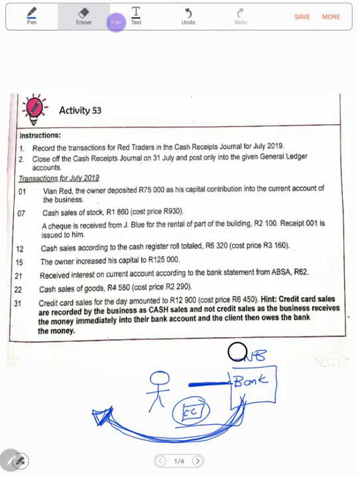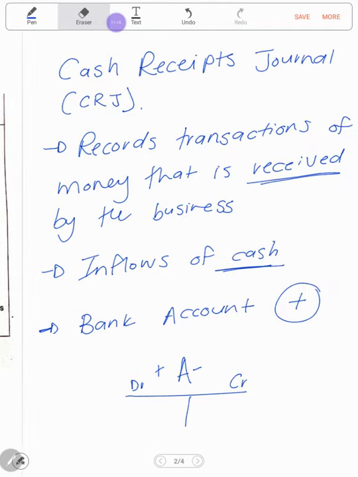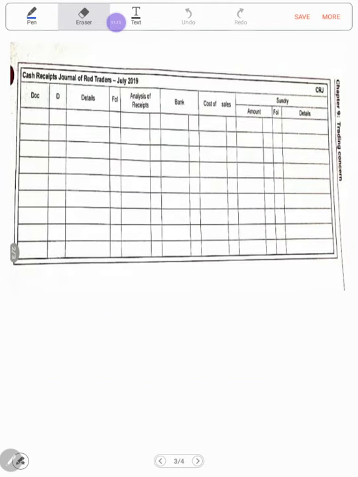Right, moving along. We have our cash receipts journal of Red Traders. We have a document number, all right. We have the date of the transaction. When did the transaction take place? Remember that our details is who did we receive this money from? Folio is left blank.